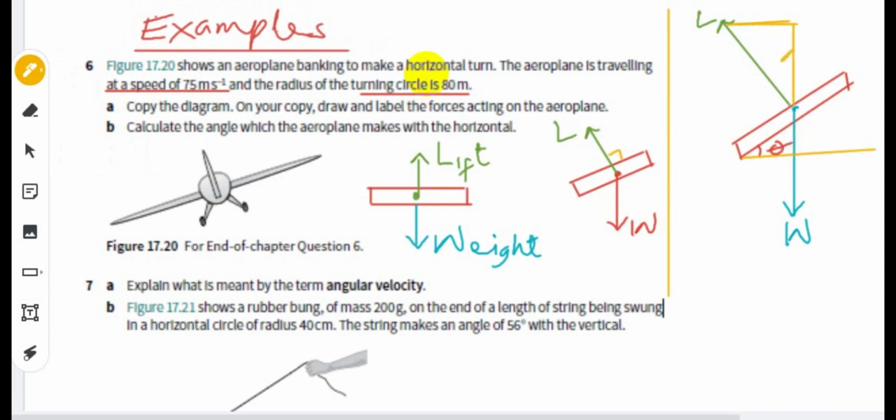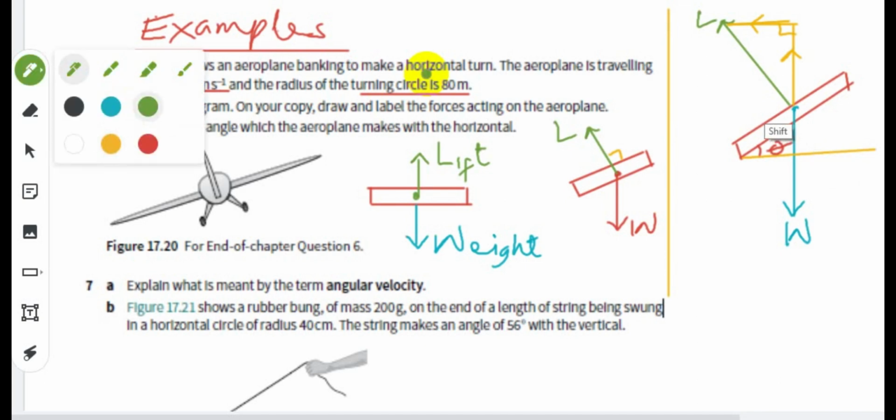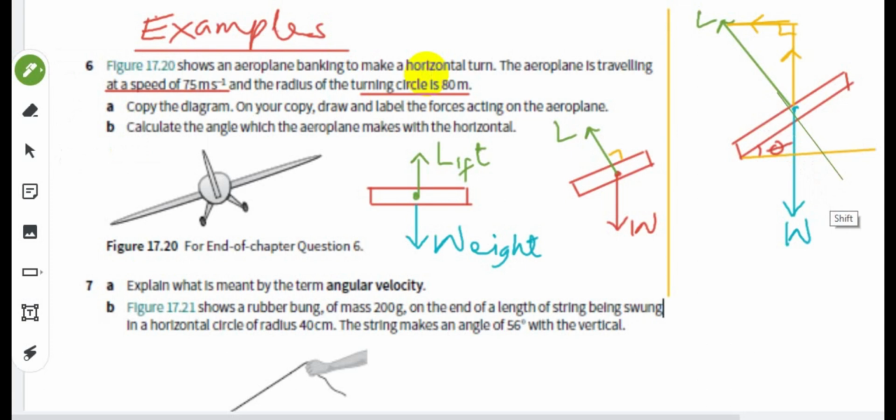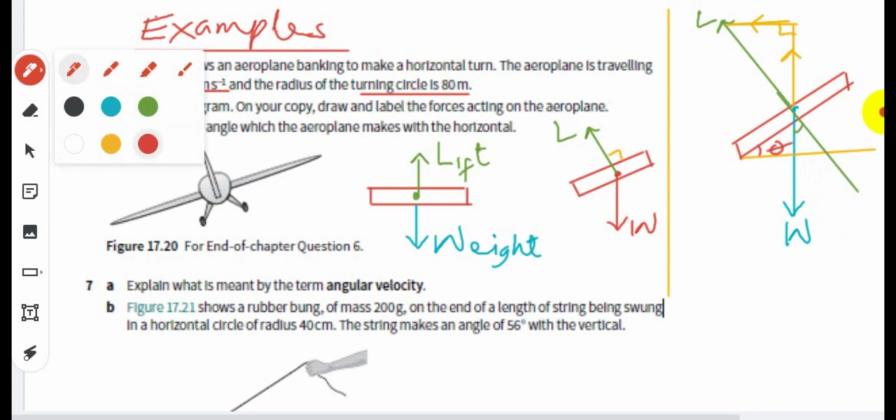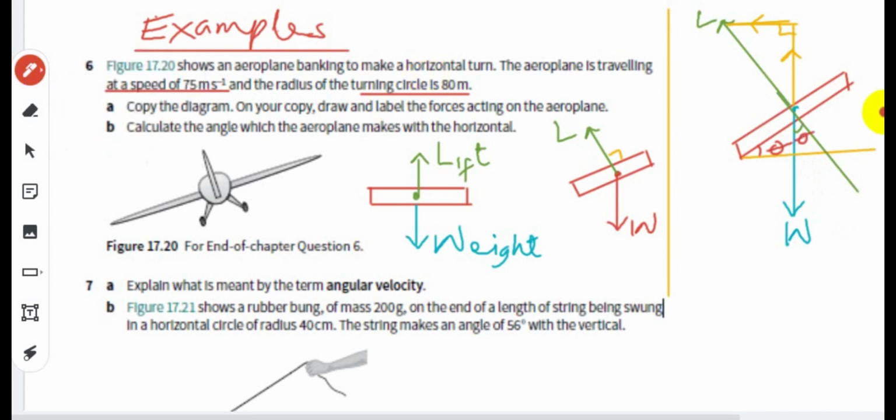So this will act this way, this one will act this way, so that here is 90 degrees. If we produce the line of the lift, this angle must be equal to theta. That's simple geometry. This must be equal to theta, and that means here is also theta, vertically opposite angles. So that's theta. So the components of the lift are this and this.